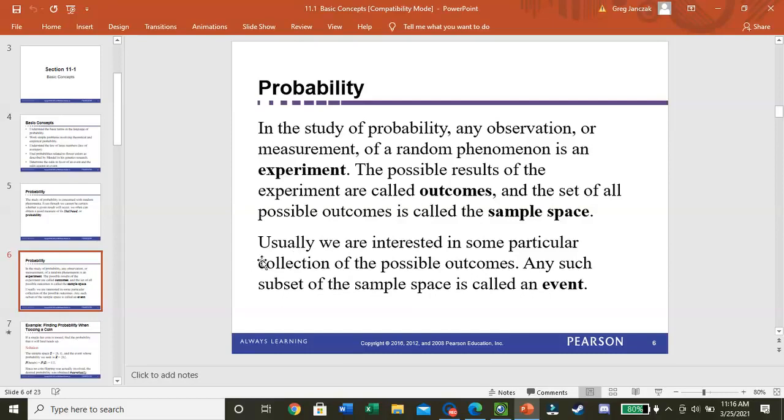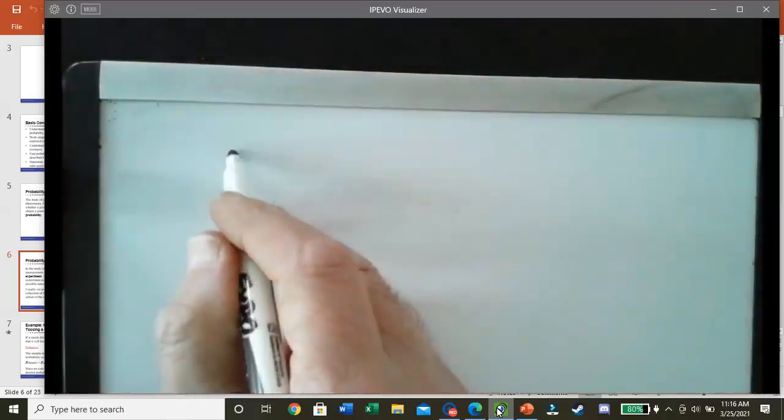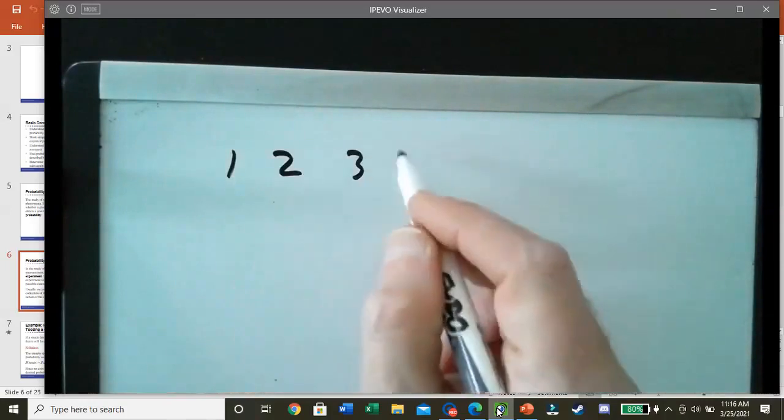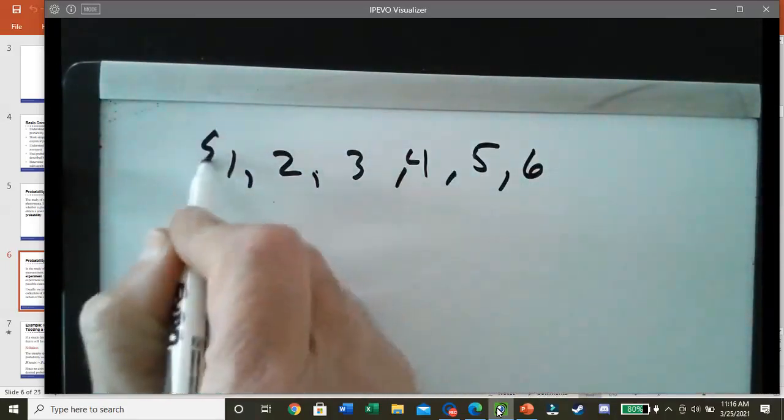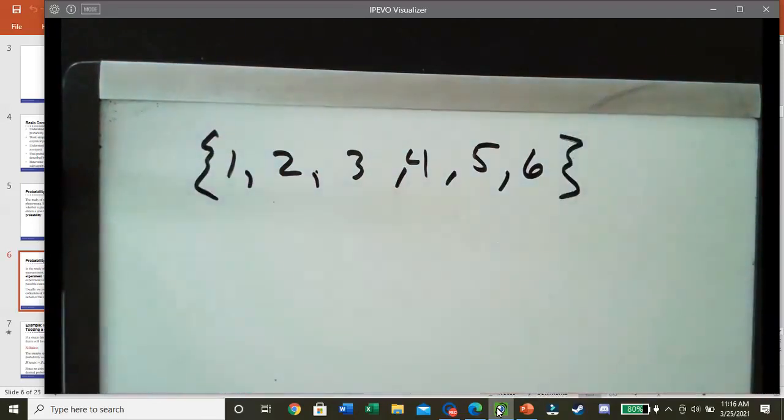So if we were to roll, for example, a dice, we can either roll a 1, a 2, a 3, a 4, a 5, or a 6. That would be the sample space for rolling one dice.